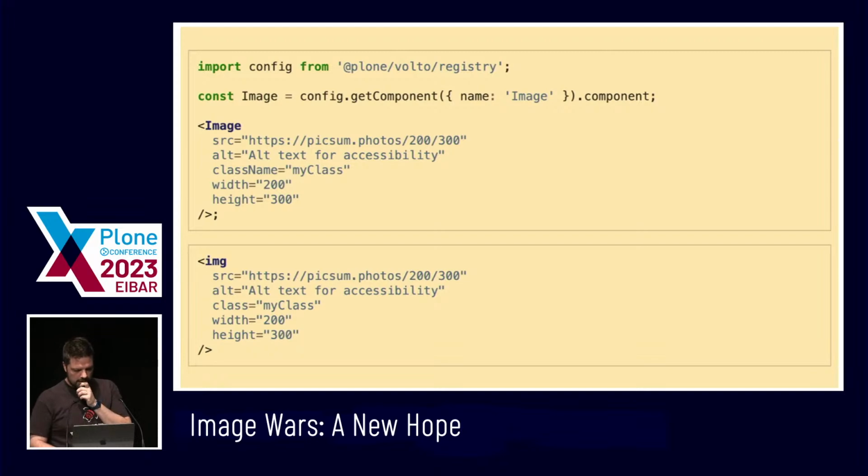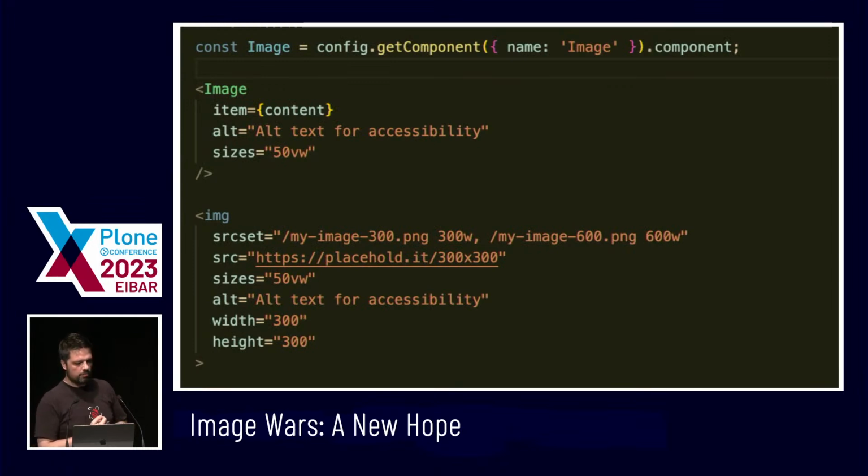But what if I pass a Plone item? So if basic usage is that, this is the output. The image component takes your content and decides what the source set is and what's the default source, which I forgot to change, it's still a placeholder, but it's fine.